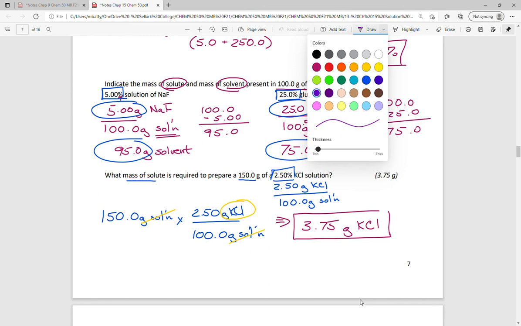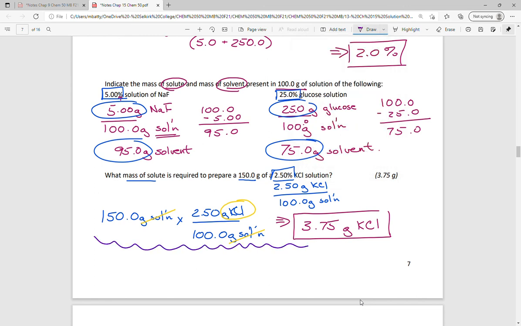There is an alternate way of doing this, and I'll just scribble it down below. It might be the way that you work better. We had an equation as well, right? So you could sub into the equation and solve. I like the unit factors because sometimes I don't know the strategy to solving these things or the algebra. So 2.5% is my mass percent. I don't know how many grams of solute, but the solution is 150 grams, and it's times 100.